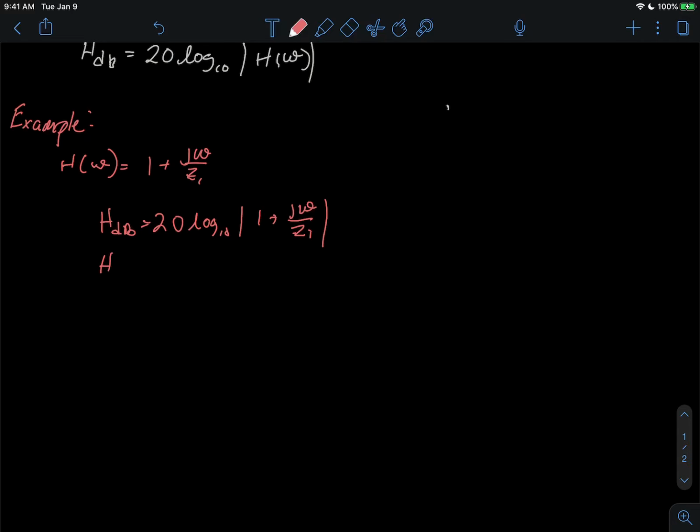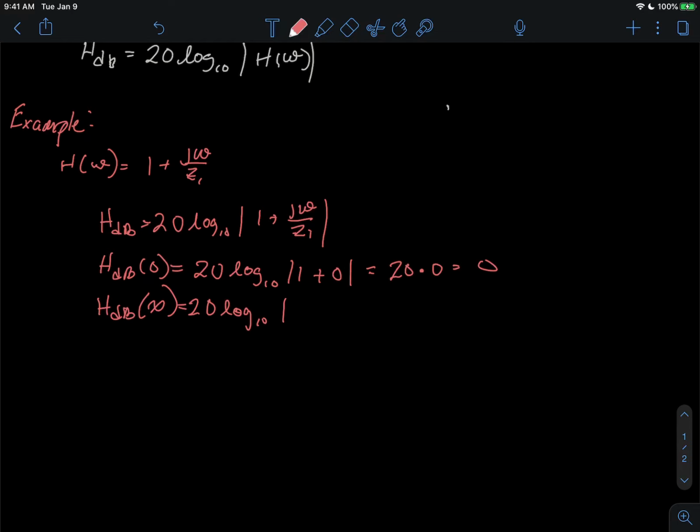H dB at 0 is 20 log base 10 of 1 plus 0. And log of 1 is 0, so it's 20 times 0, which gives us 0. But if you do H dB of infinity, we get 20 log base 10 of 1 plus infinity. Since log is a continuous, ever increasing function, it's going to be 20 times infinity, so therefore it's infinity.